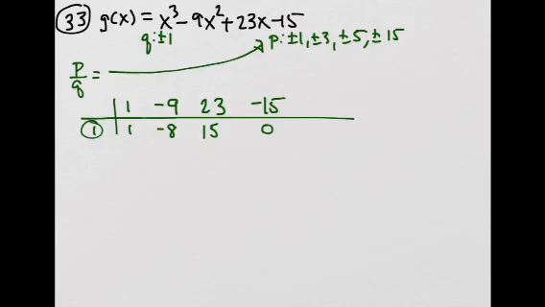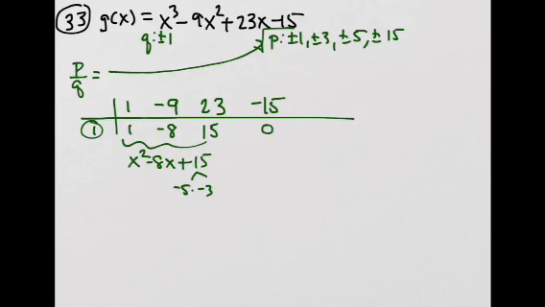This here is a quadratic, x squared minus 8x plus 15. For factors of 15 that add up to 8, I've got negative 5 and negative 3. That adds up to negative 8 and multiplies to give you positive 15. So for 33, they want you to write each function in factored form, and make a list of all possible roots.